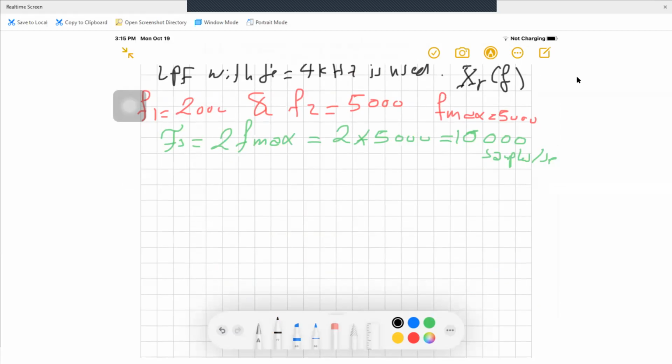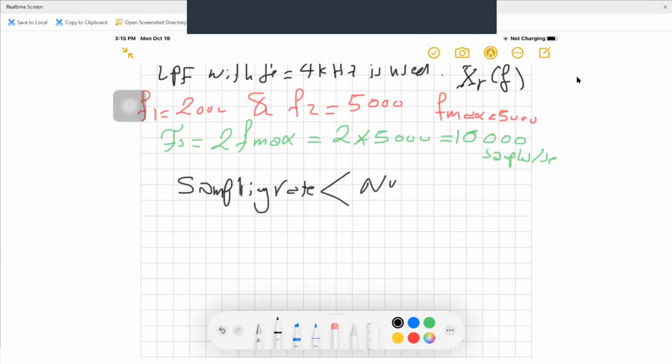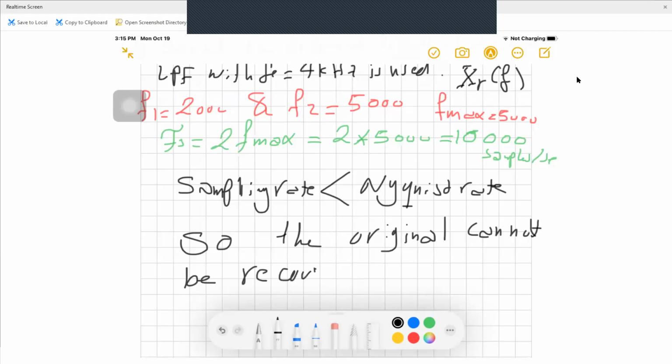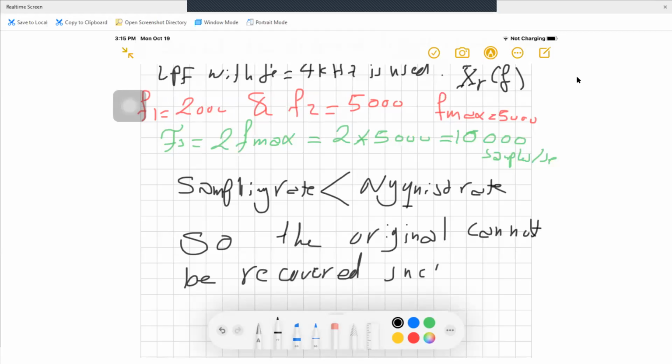So due to this, sampling rate in this problem is less than Nyquist rate. From the beginning, we can note that the sampling rate is less than Nyquist rate. So the original signal cannot be recovered successfully.